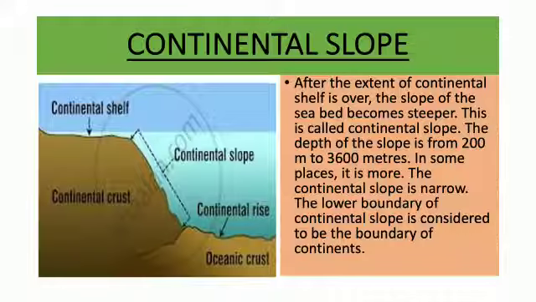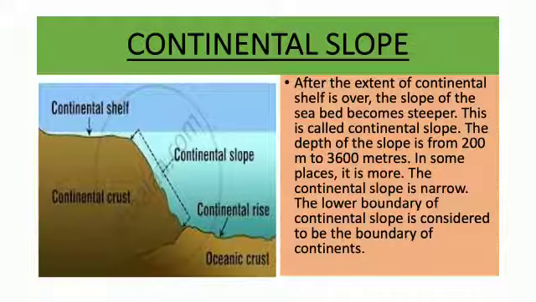The depth of the slope is from 200 meters to 3600 meters. In some places it is more. The continental slope is narrow. The lower boundary of continental slope is considered to be the boundary of continents.